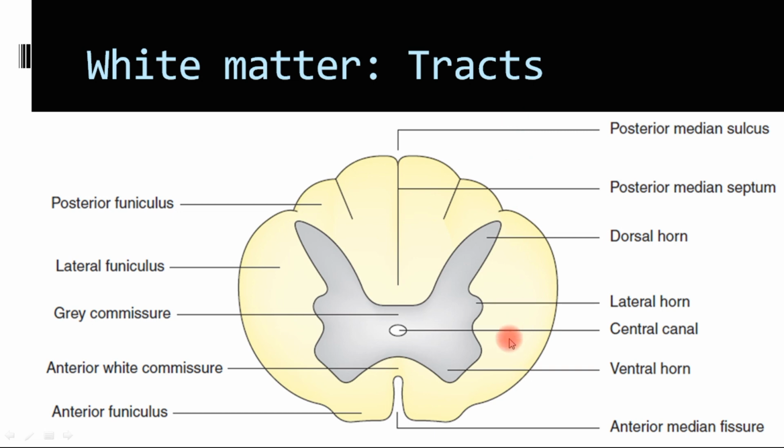So the white matter is mainly made up of the descending and the ascending tracts.